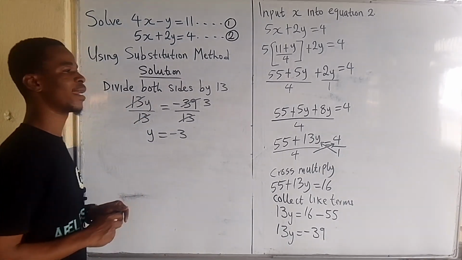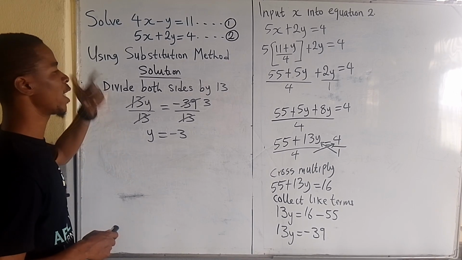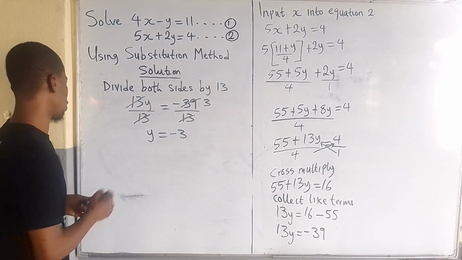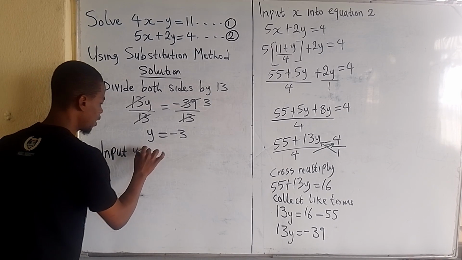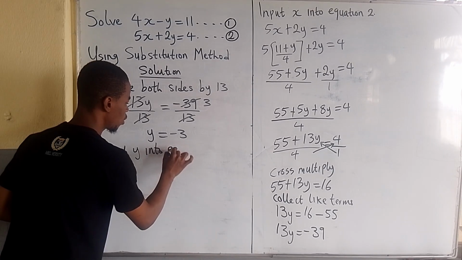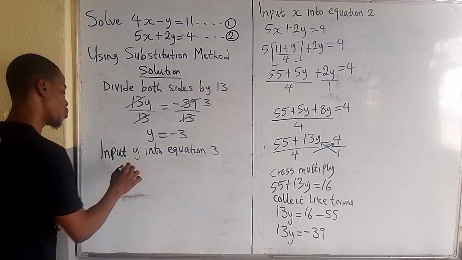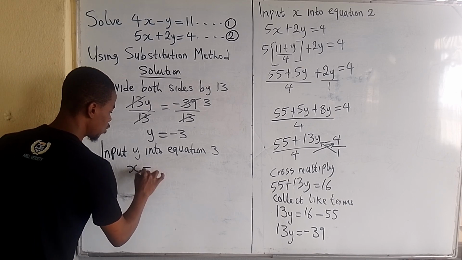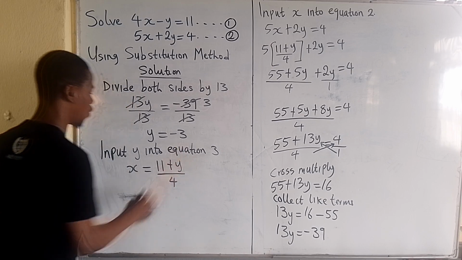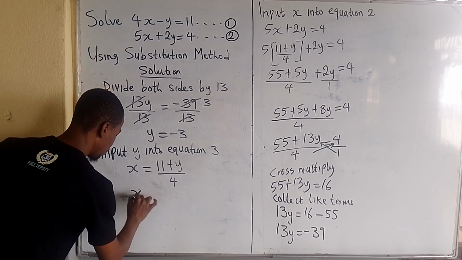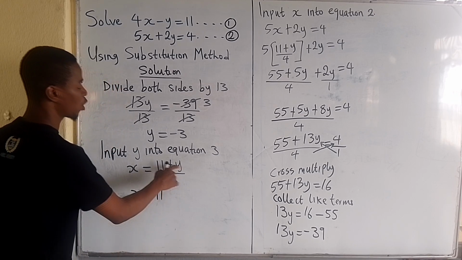Now that we've gotten y, what are we going to do with the value of y? We are going to substitute this value into our equation 3. So we say substitute y into equation 3. And our equation 3, remember, was x equal to 11 plus y all over 4. So our x now will be equal to 11 plus y, that's positive y.